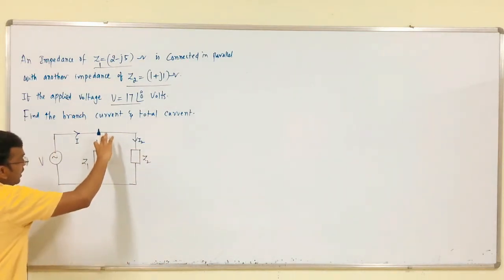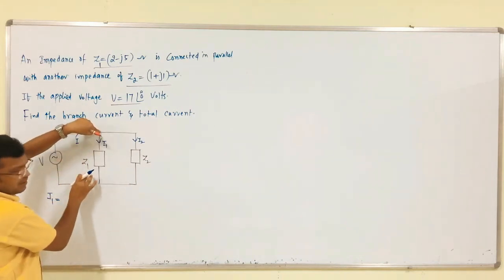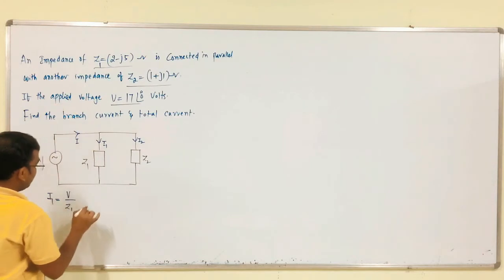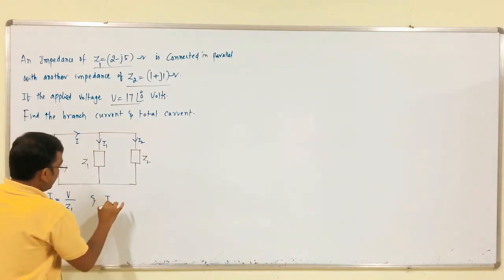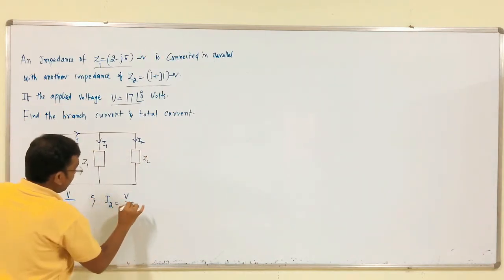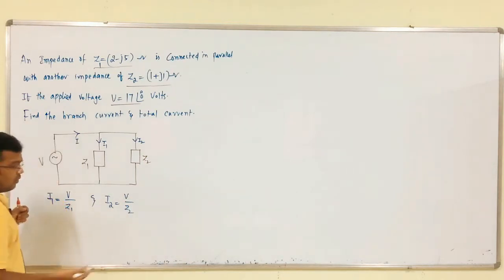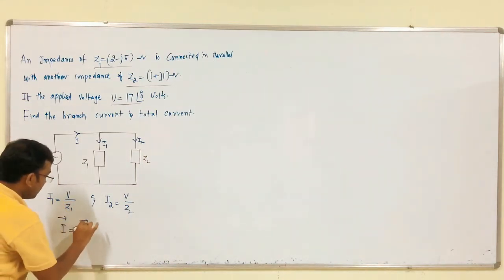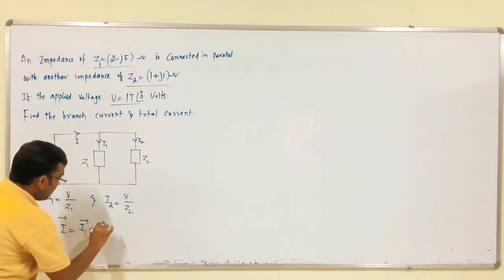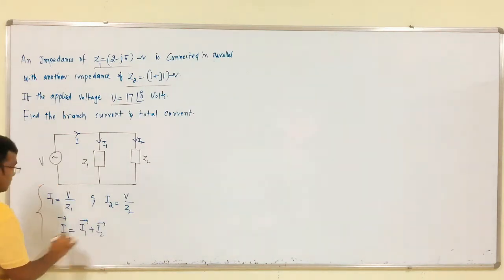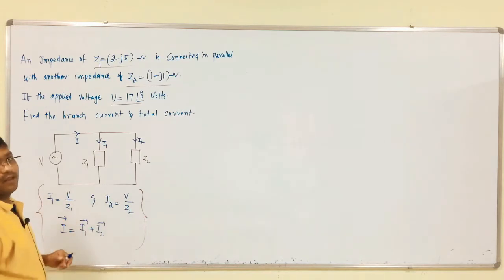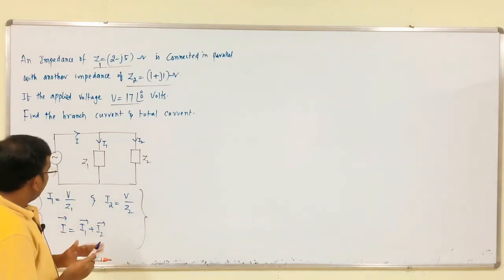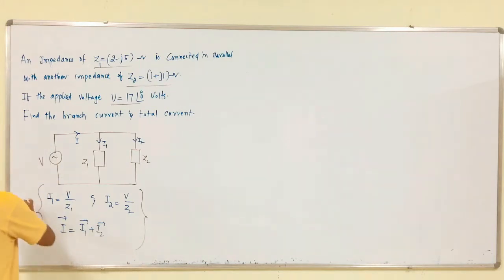Simply the voltage across this branch by the impedance, V by Z1, right? Like this, I2 is V by Z2. What is the total current? Vector addition of these individual currents. Problem is over. This is one approach. This is method 1.